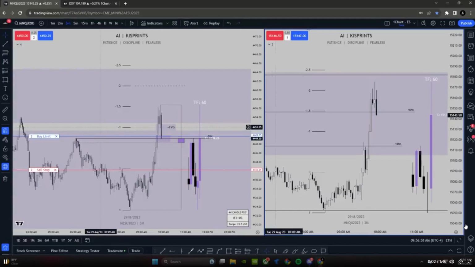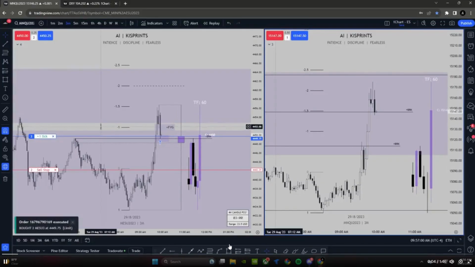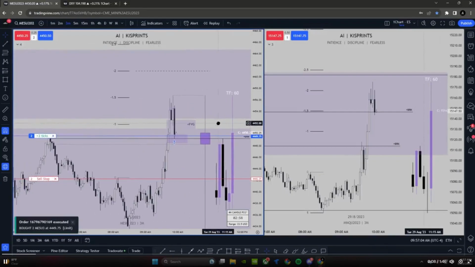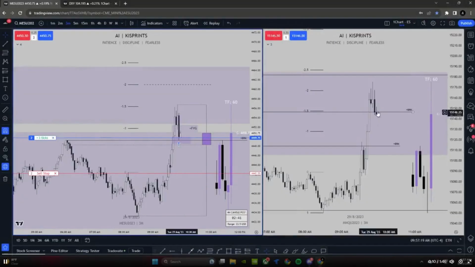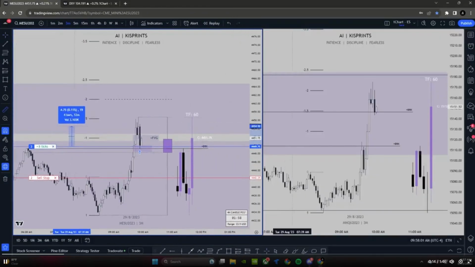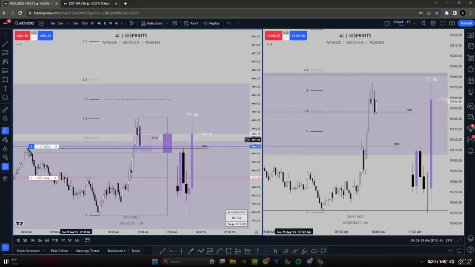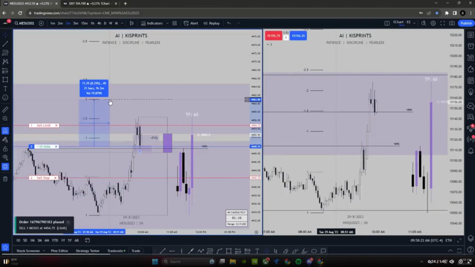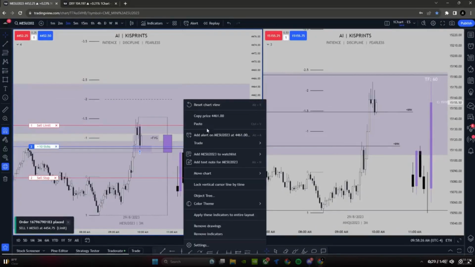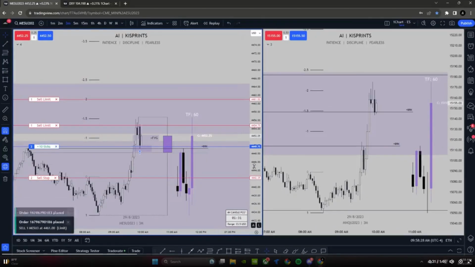About to get filled here. There it is, right into our breaker to the tick. Let's see, 5 points on that. We'll just do 5 points, just here. And then next CP will be at the second standard deviation, 11 points. Right there.